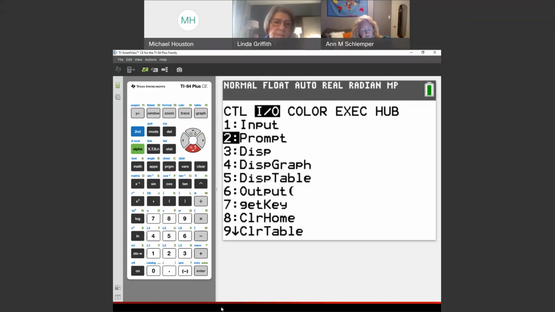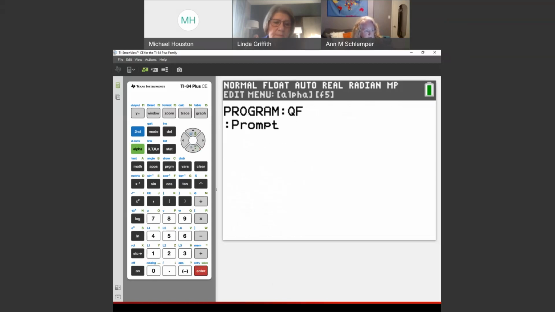We're going to prompt them for A, B, and C. So we hit prompt, then alpha A, and then the comma button, which is its own button right above 7. It's a black button. Then alpha B, comma, alpha C. Then they'll have to enter those values. Now I'm going to hit enter to get a new line.